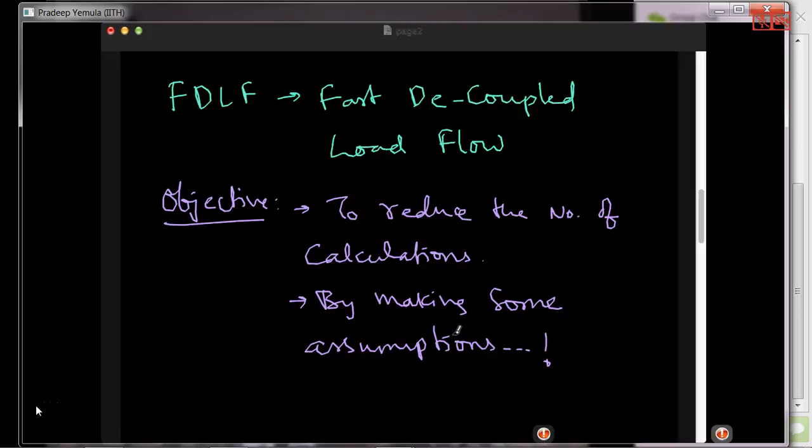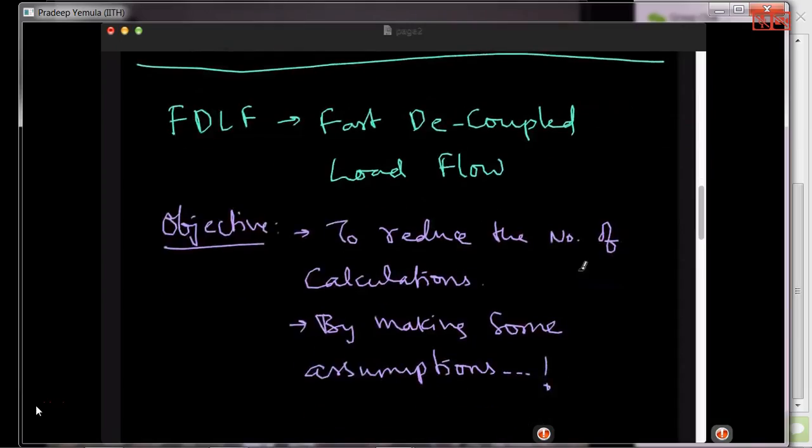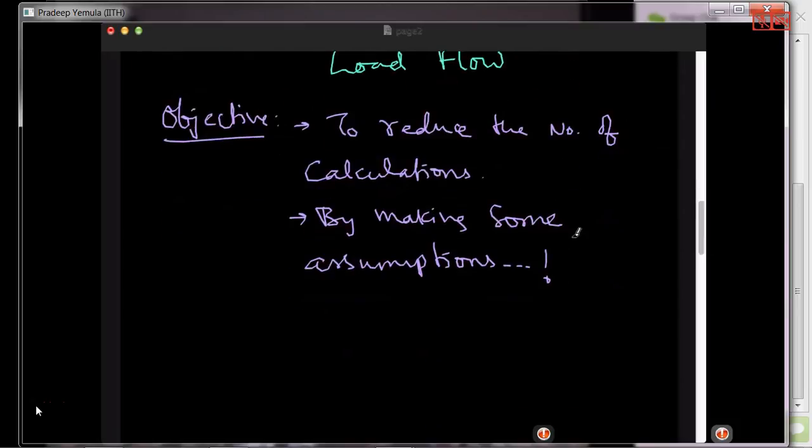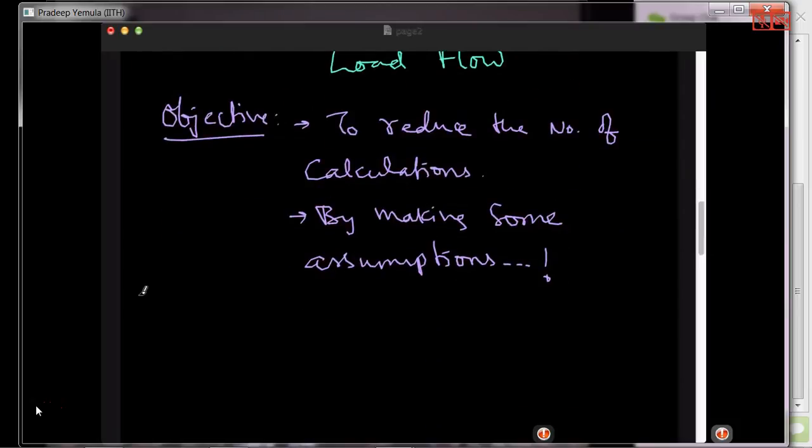So by making these assumptions, I can reduce some number of calculations. What are the assumptions? We'll come back to that later.